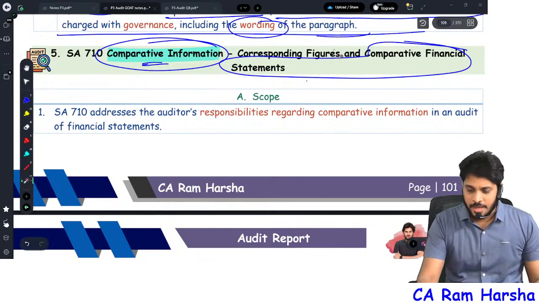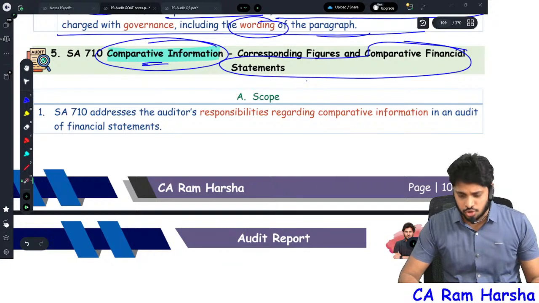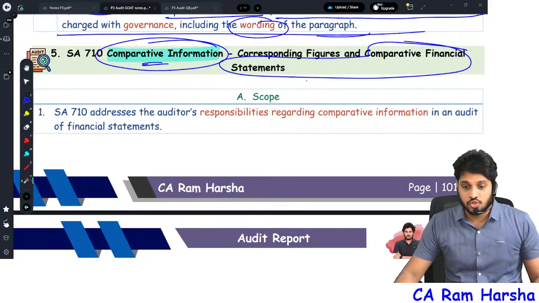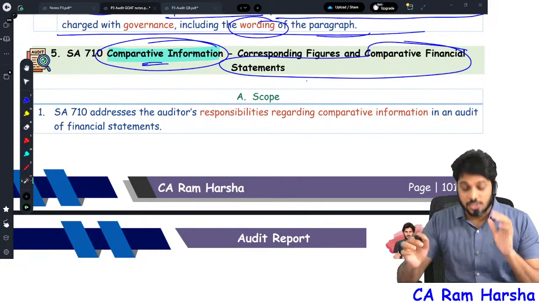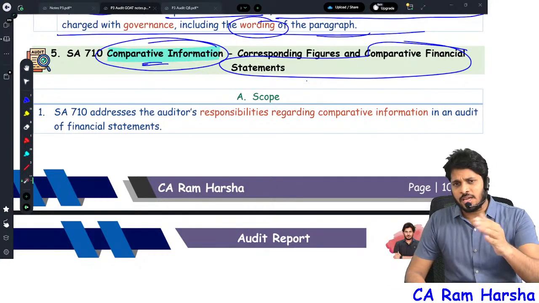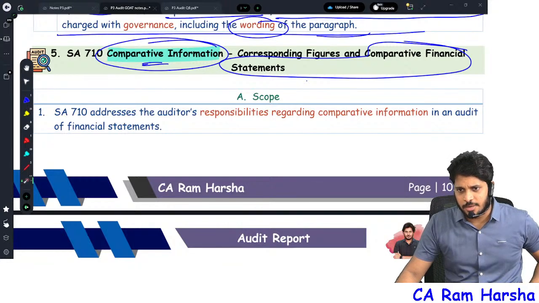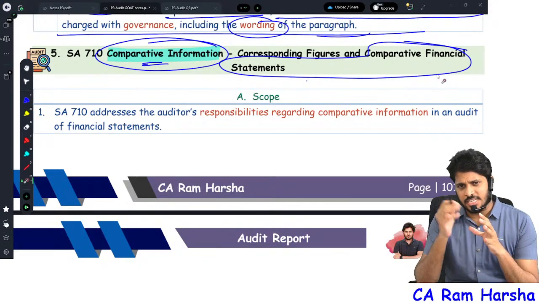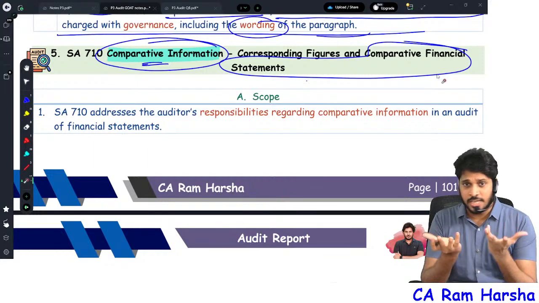In a corresponding figures approach, generally we give opinion on the financial statements, on the current year figures only.